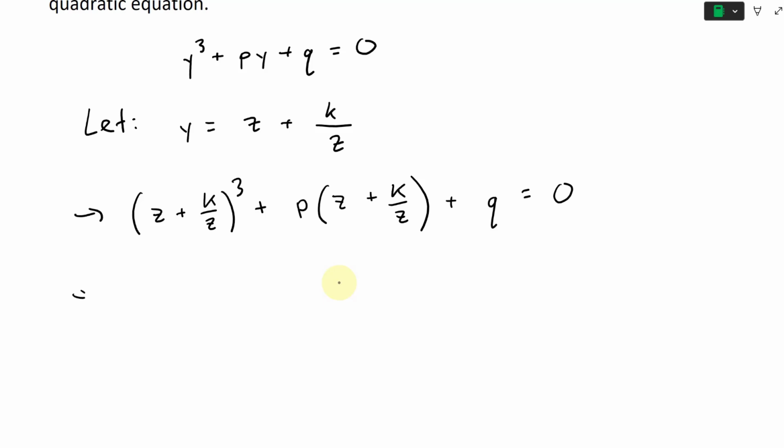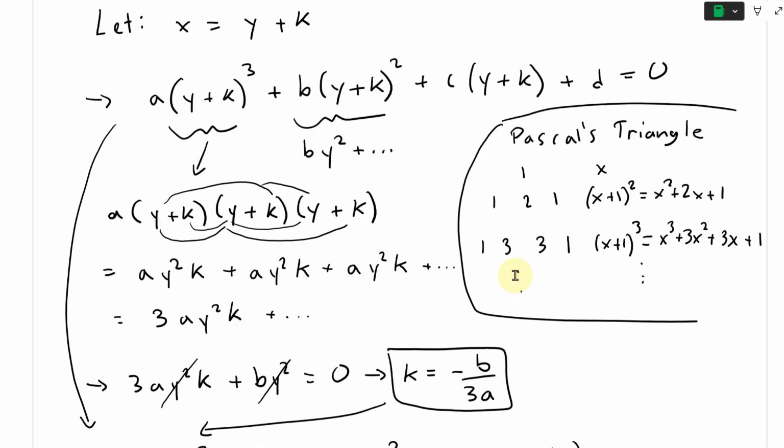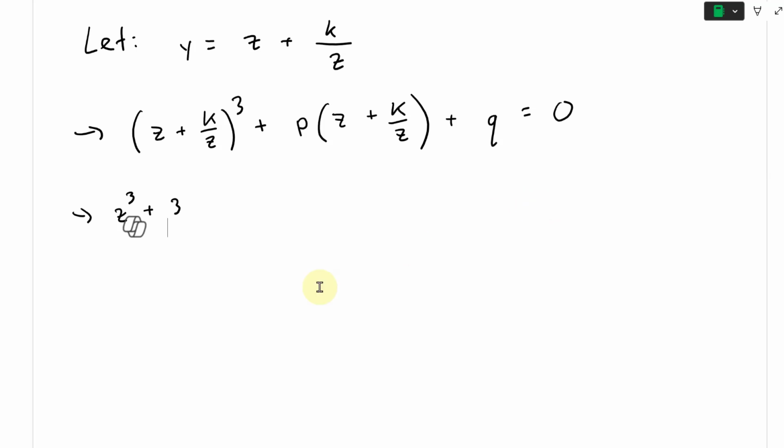We're using Pascal's triangle. So this is going to be z cubed. Now we're going to get a plus a constant 3. So again, remember Pascal's triangle right here. It's power of 3, so it's going to be 3, then 3, then 1. So we're going to get a constant coefficient 3. Now we're going to get z squared times k over z, so we get that, and then plus another 3.